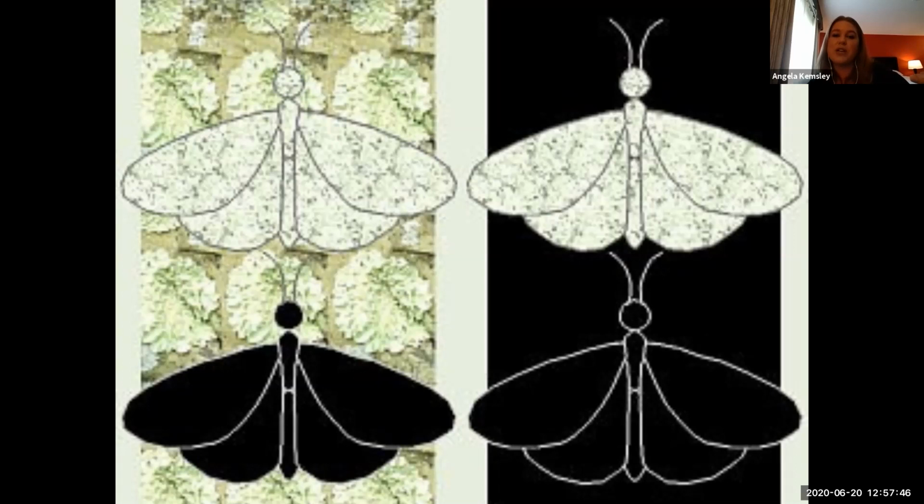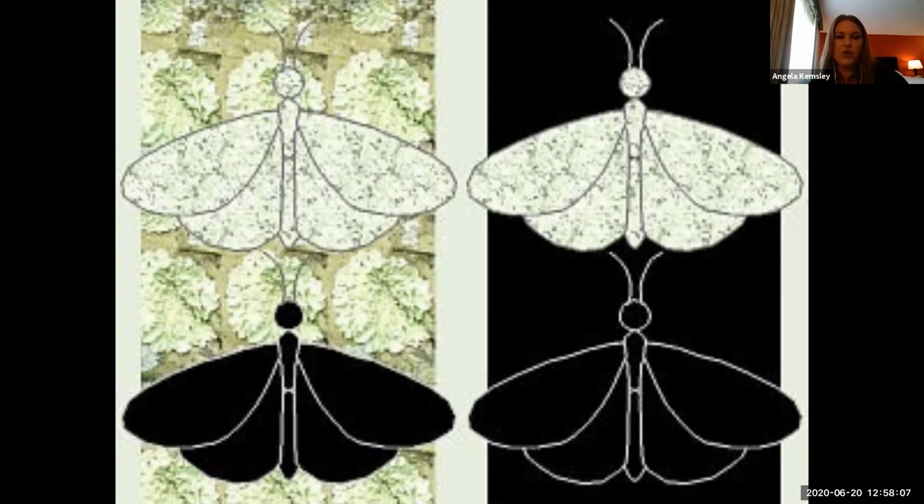Now there's two different variations of this moth. There's a light version and there's a dark version. And before the Industrial Revolution, well, I actually want you to guess, which one of these do you think was more prevalent? Do you think we would see the light version or the dark version more? And I'll give you a little hint. These are eaten by birds.